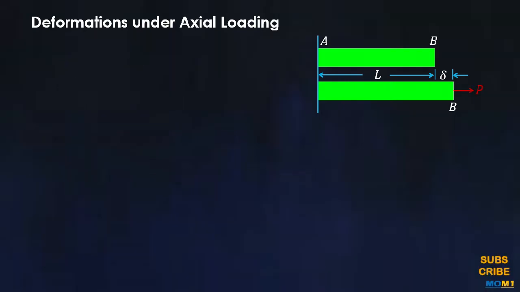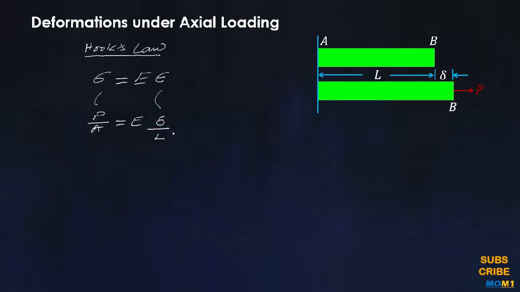Now using the expression of Hooke's law, that is sigma is equal to E epsilon. Now as we can write this sigma as P upon A equals to Young's modulus times epsilon, then we can write this epsilon as deformation upon the original length.